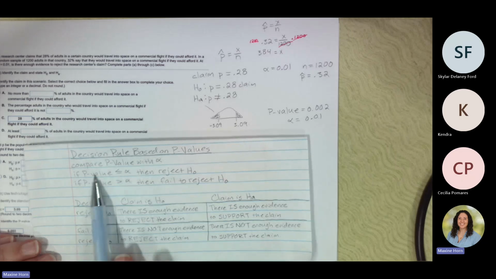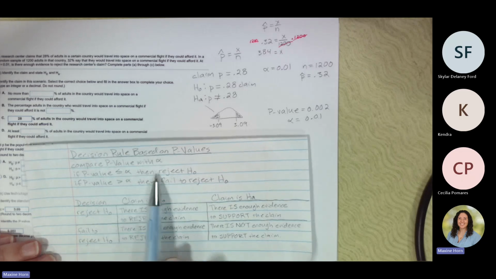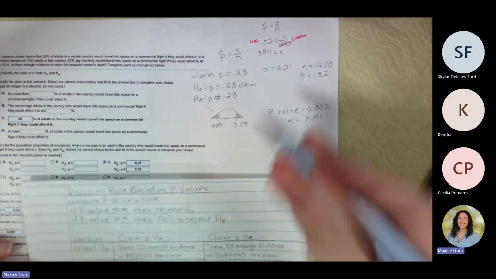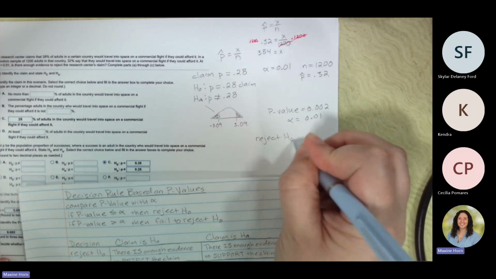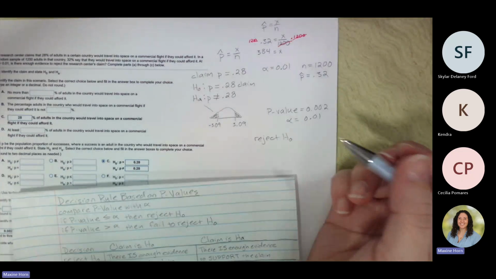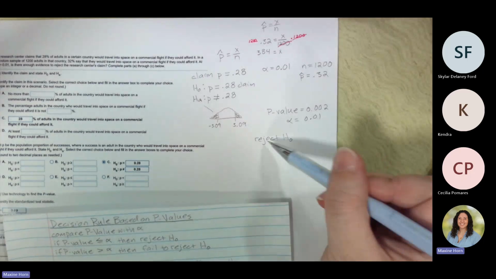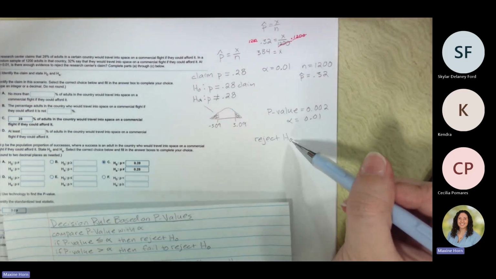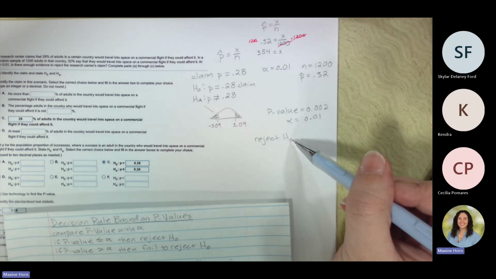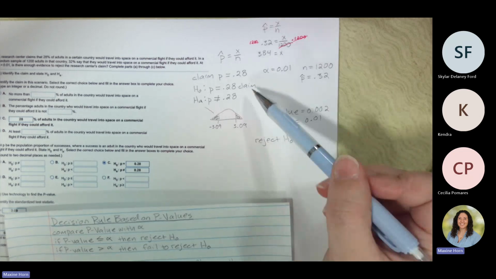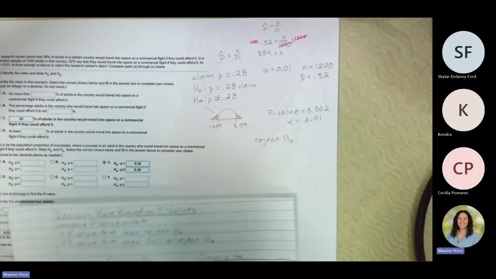Okay, so if my p-value is less than my alpha, I'm going to reject the null. Now that I know I'm rejecting the null, I have to ask, what was my claim? Was it the null or the alternative? So I go back up here and see that my claim was the null.